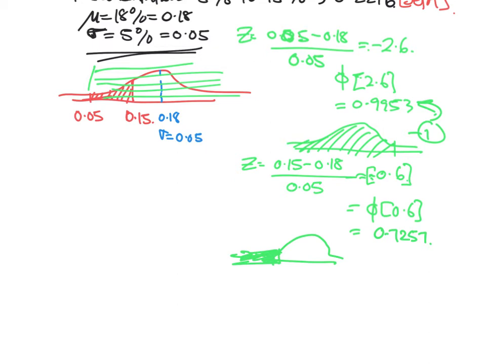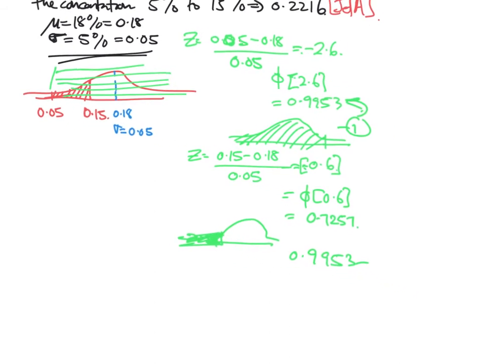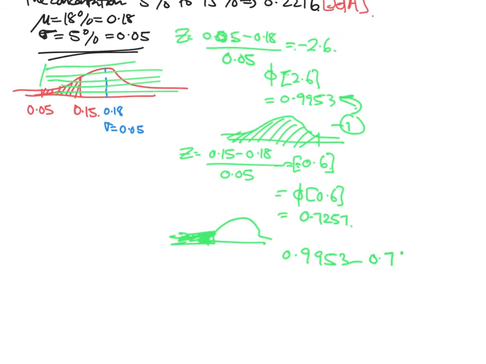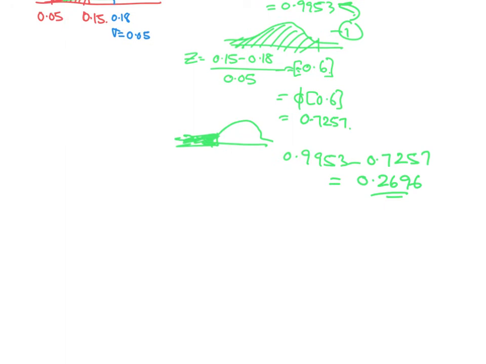So the first one minus the second one, 0.9953 minus 0.7257, and the answer is 0.2696.